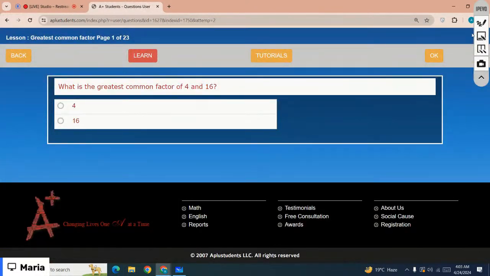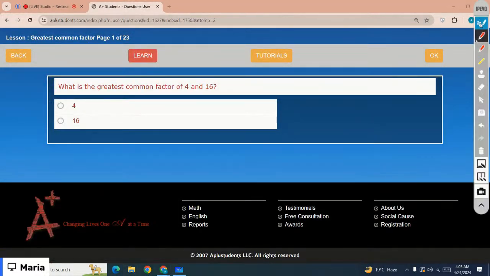What is the greatest common factor of 4 and 16? Let's write down the prime factors. Prime factors means all the factors must be prime. If you don't know how to prime factor a number, that is the lesson we covered last week. Just search for the lesson and do practice questions. The prime factorization of 4 is 2 times 2.